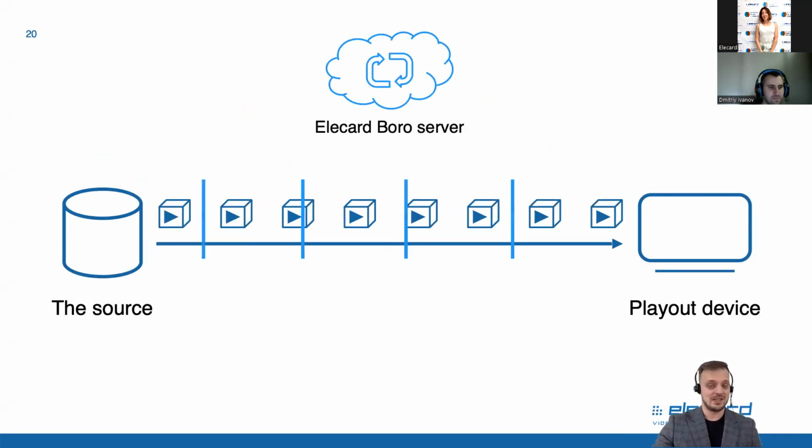Now, here comes Elecard Boro. Elecard Boro consists of two parts. Part one is the Elecard Boro server. Usually, this part is hosted in the cloud, but other deployment solutions are available. And the second part is Elecard probes. Elecard probes are little software snippets. It's actually software code and executables that can be installed in your video stream pipeline.